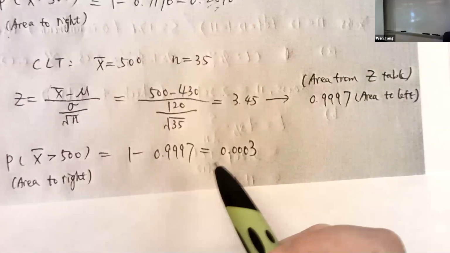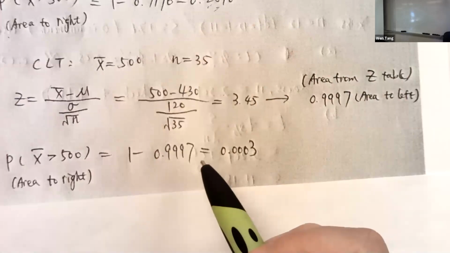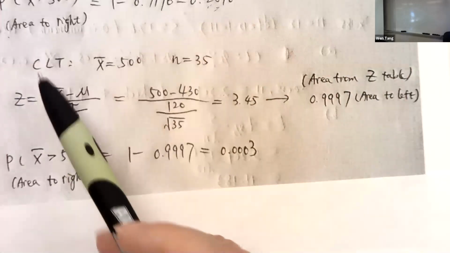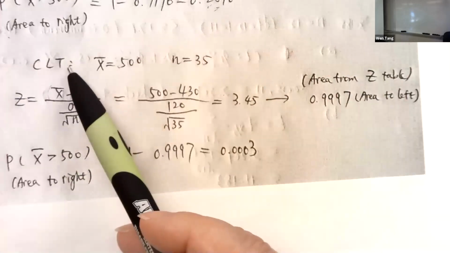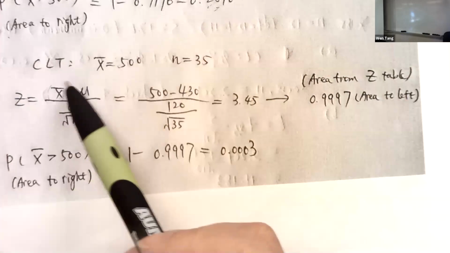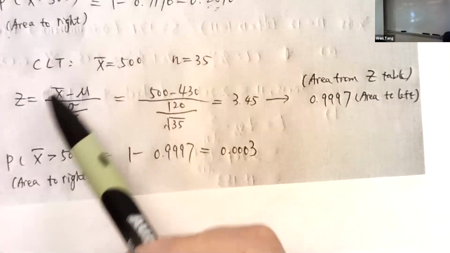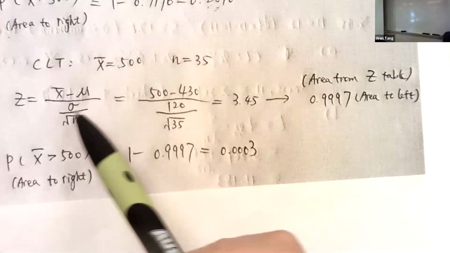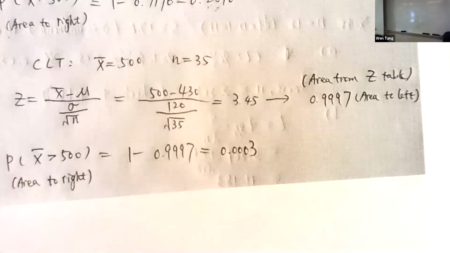But in this part B, you should be very careful, because this is the central limit theorem. Because we are talking about X bar, make sure you understand that the denominator should have the square root of n term.